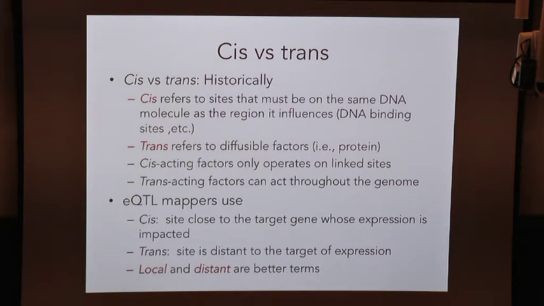That's the trait, and I've got sites that control that expression. You might imagine a lot of those are in the gene itself, but those could be further away. If that QTL peak covers the transcript, it's called a cis eQTL, better called a local QTL. If that QTL confidence interval doesn't cover it, it's called trans, better called a distant QTL. Very often they're on different chromosomes, so it's clear cut. On the same chromosome, something at a distance can still act in cis, because the DNA bends over.